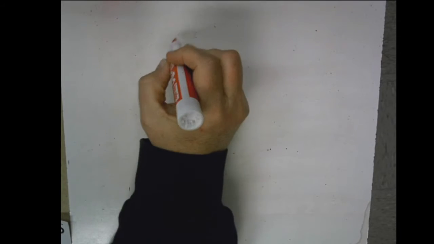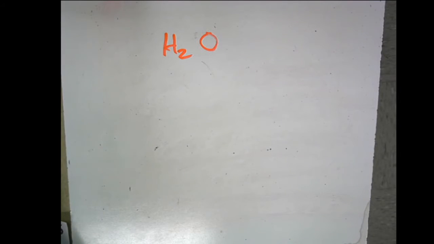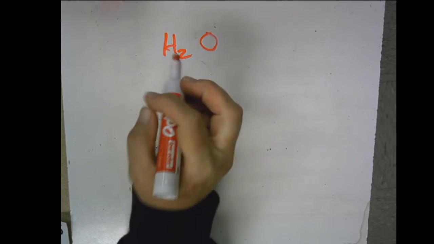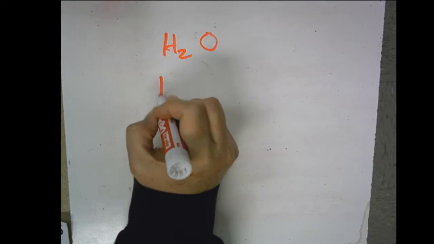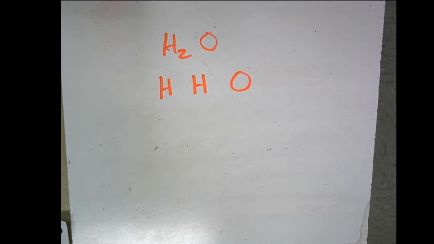All right, so let's go ahead and get started. I'm going to do water on here. The chemical formula of water is H2O, okay? So we have 2 hydrogens and 1 oxygen. So the first thing I'm going to do is write out 2 hydrogens and 1 oxygen, and add my valence electrons.